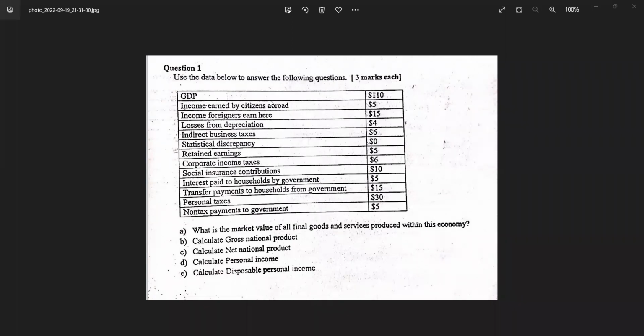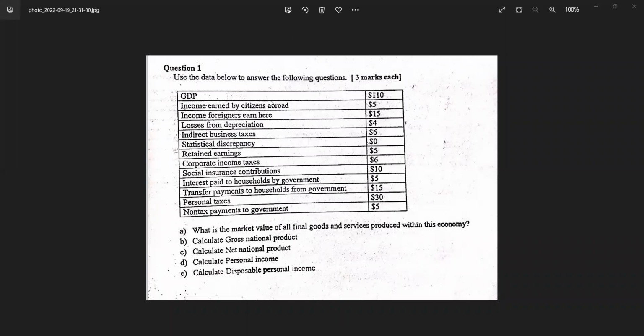So what is not included in consumption? Used goods, or second-hand goods, are not included. Intermediate goods are not included. Free services are not included in the calculation of GDP.